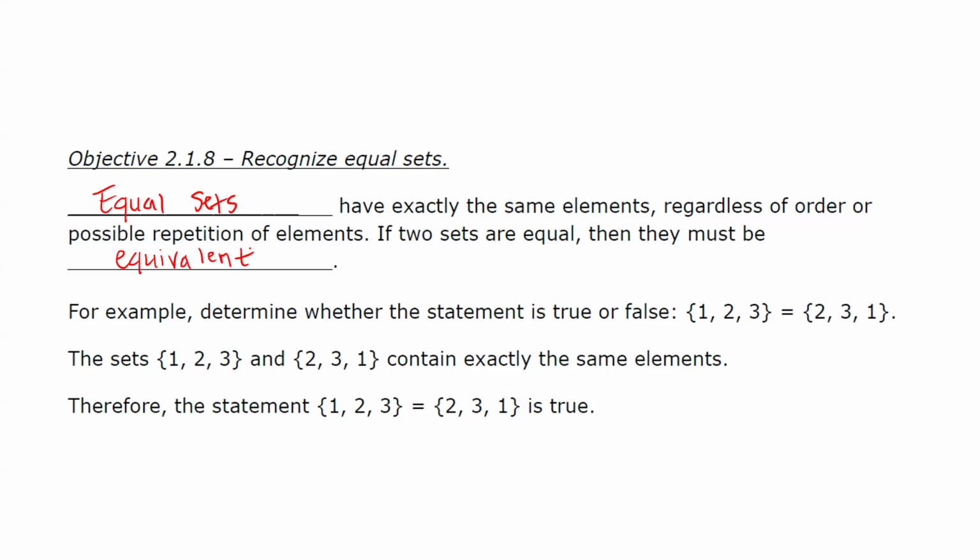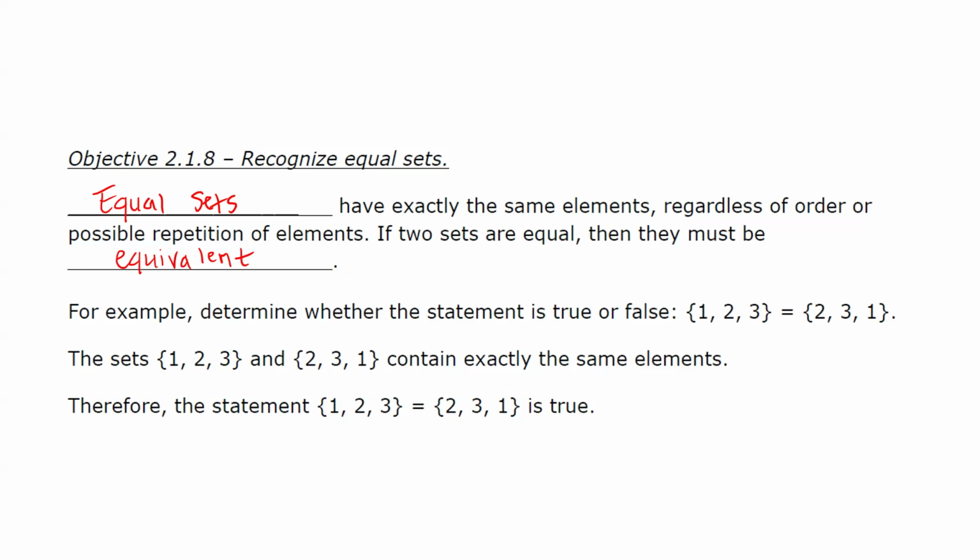For example, if we were asked to determine whether the statement {1, 2, 3} equals {2, 3, 1} is true or false, we would note that the sets contain exactly the same elements, 1, 2, and 3. Therefore, the statement would be considered true.